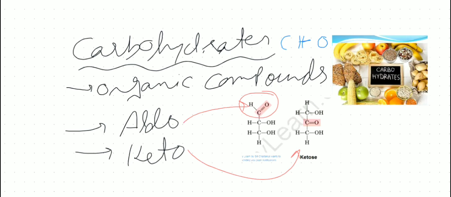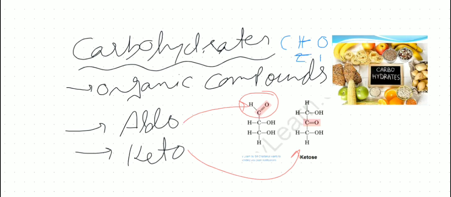They are the main source of energy and building material. Mainly corn, rice, wheat, and potato are carbohydrates. Sugar is a carbohydrate. Carbohydrates are carbon, hydrogen, and oxygen containing compounds, and the ratio of hydrogen and oxygen is 2:1.